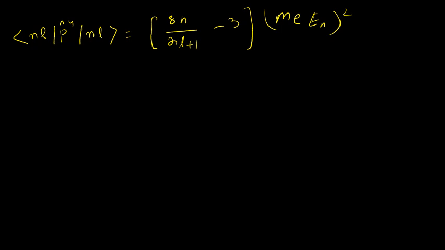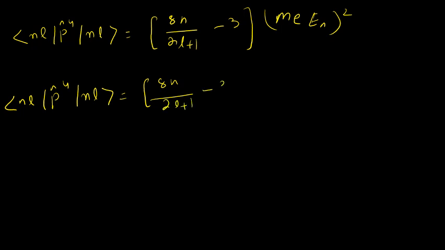Again I can put in the value of En squared, so this equation becomes <nl|p^4|nl> equal to (8n divided by (2l plus 1) minus 3) into me^4 e^8 divided by h bar^4 n^4. Now we come again to the first order correction to energy.